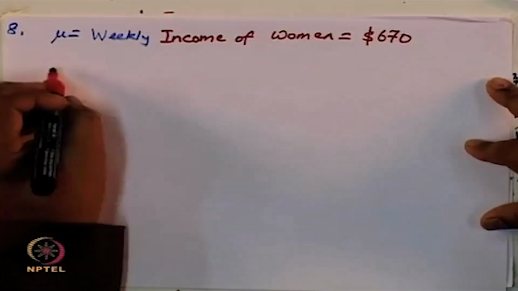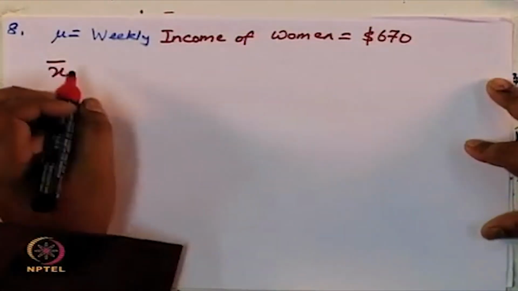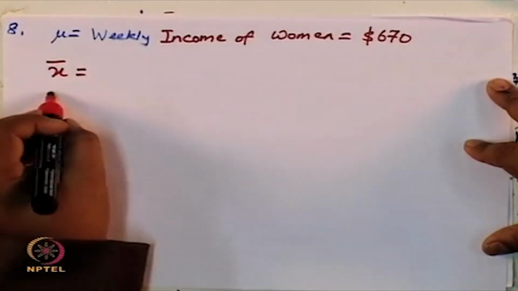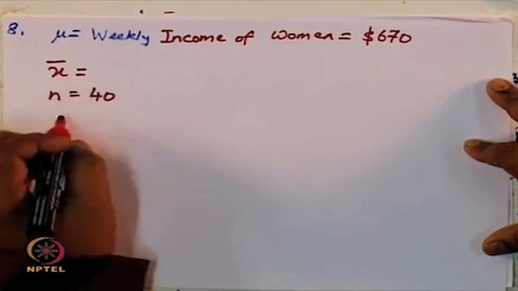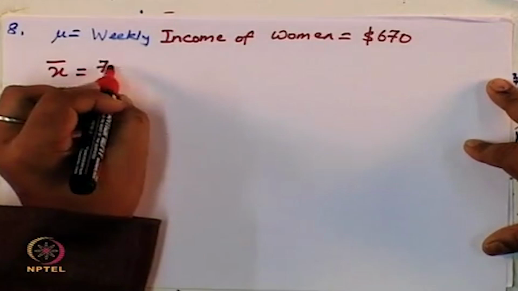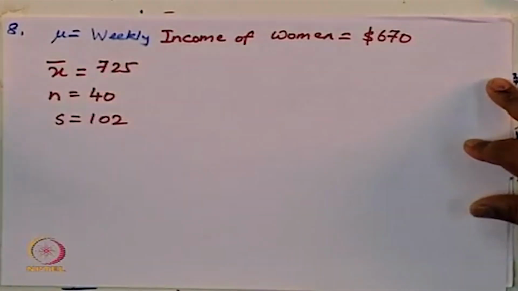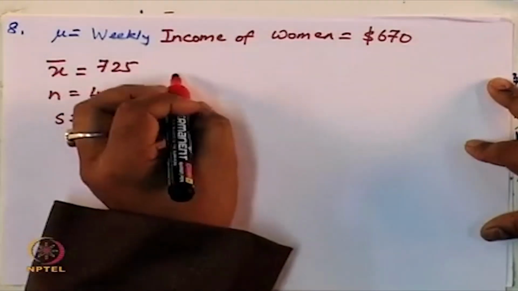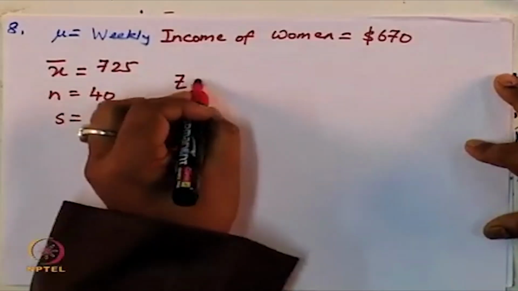The X bar is the average weekly salary of men from 40 males. So, you have n equal to 40, S equal to 102 and X bar is 725. So, as before, we want to calculate the test statistic, which is given by Z.